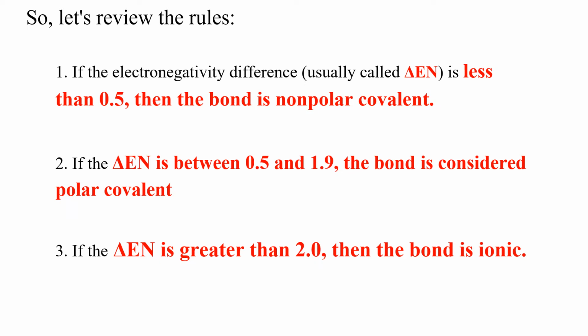And if the electronegativity difference is between 0.5 to 1.9, the bond is polar covalent, and it is characterized by the unequal sharing of electrons. If the electronegativity difference is greater than 2, then the bond is ionic bond.